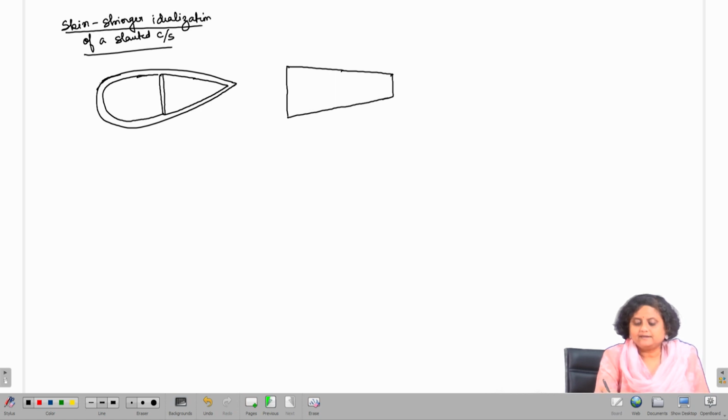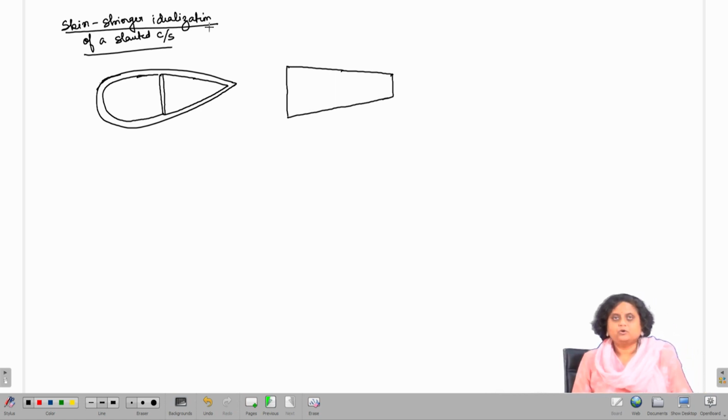The last example was a very simplified example where we had a nice regular rectangular cross section. But as you are aware, many of the aircraft components are not that simple rectangular symmetric cross section.